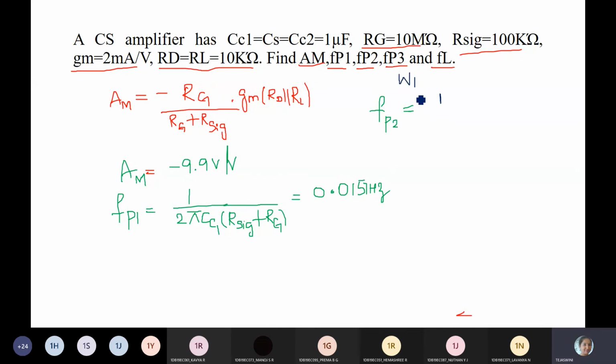So you told omega P2 is GM by CS. So it is also equal to 2 pi FP2. From this, what does FP2 come to?